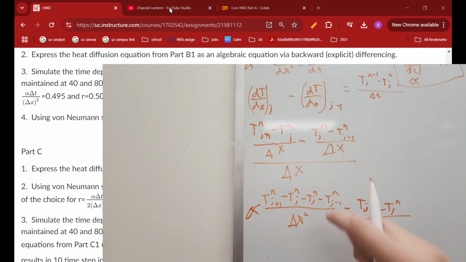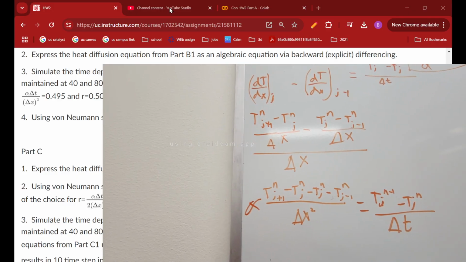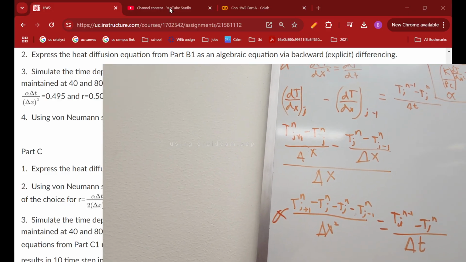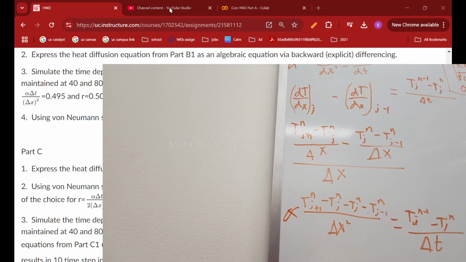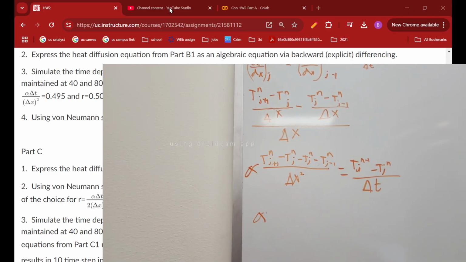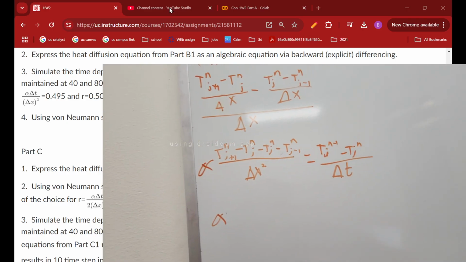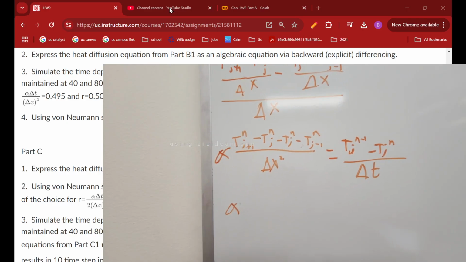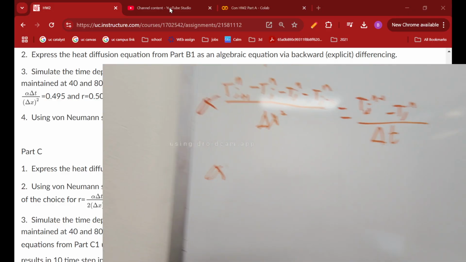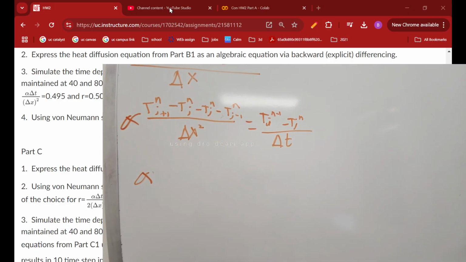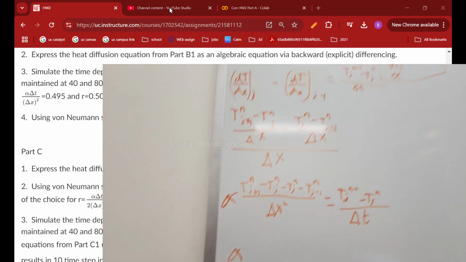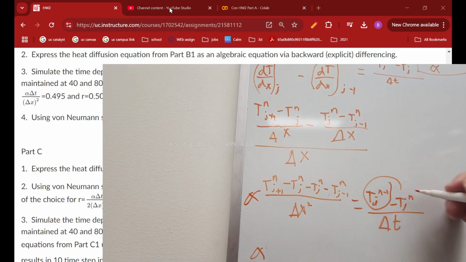And then we have common terms here. And we will also, it said explicit form backwards. So with that, then we will need to single out this term.